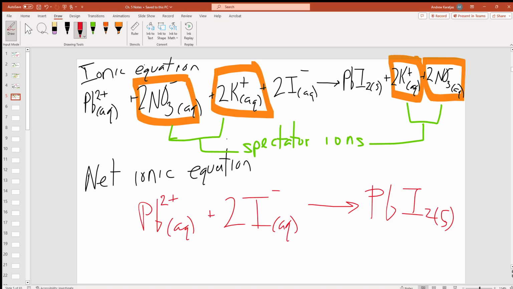And so what we need to be able to do is to look at these types of situations, especially if we only know what the starting materials are, and predict, given two items, will a precipitate form? And if one does, what precipitate forms?